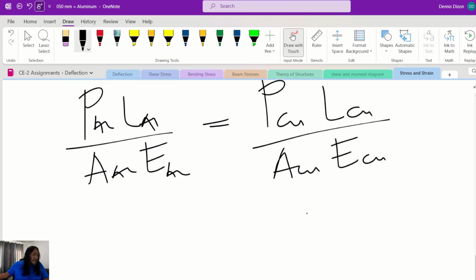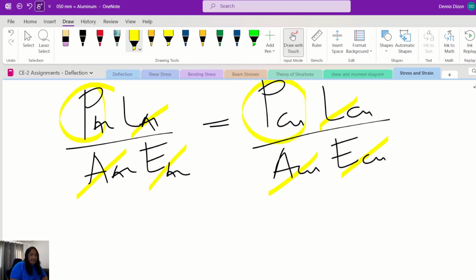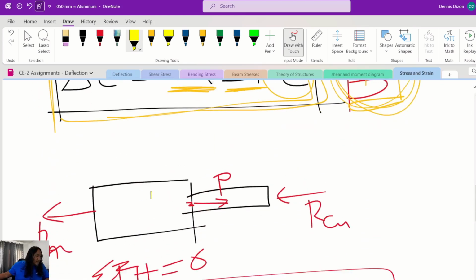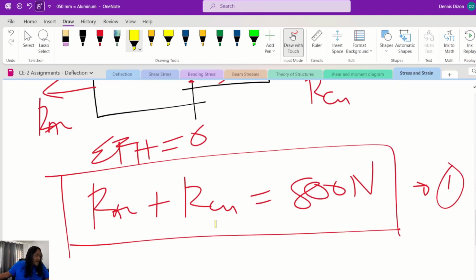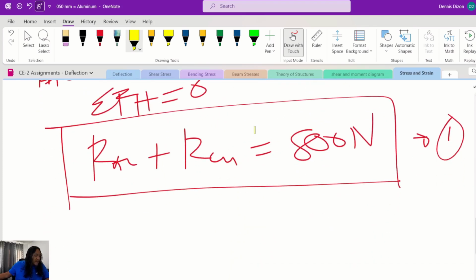Now, we have the length of aluminum, the diameter, the modulus of elasticity, then we have the length of copper, diameter of the copper, so we can solve for the area, and then modulus of elasticity of copper. Therefore, our unknowns are the force acting on the aluminum and the force acting on the copper material. From equation 1, force acting on aluminum plus force acting on copper is equal to 800 Newton.